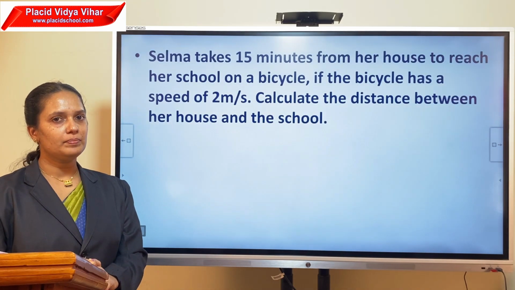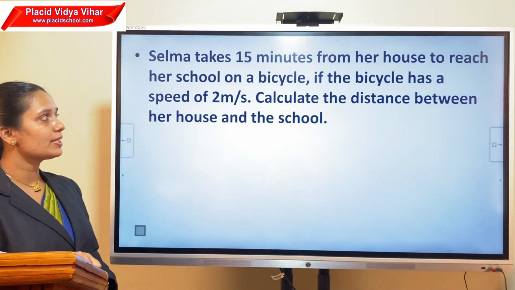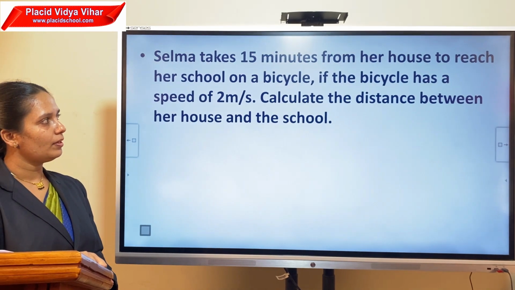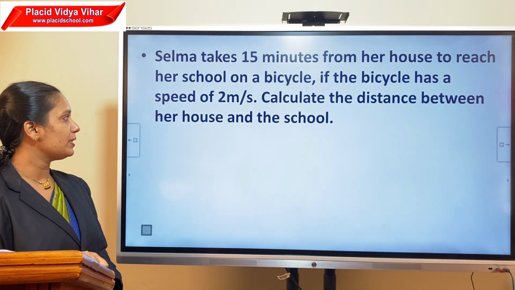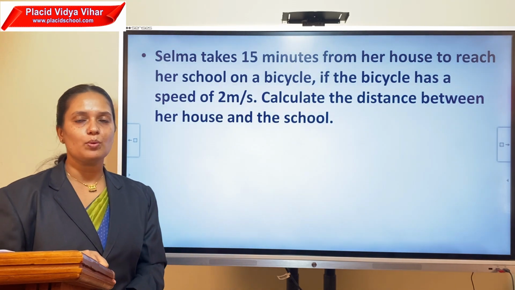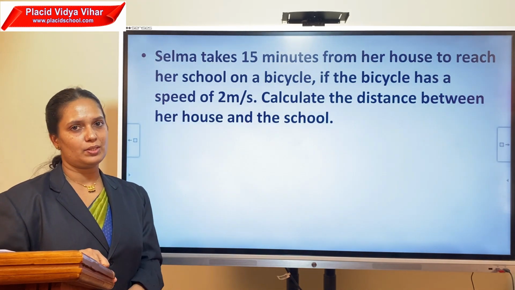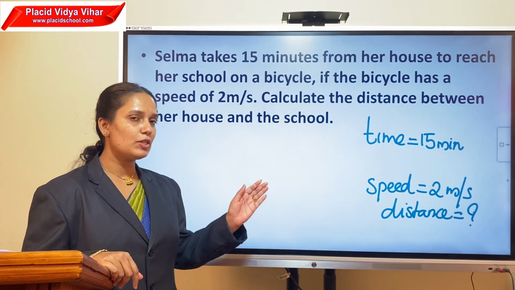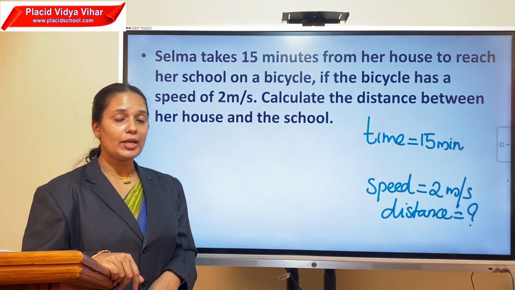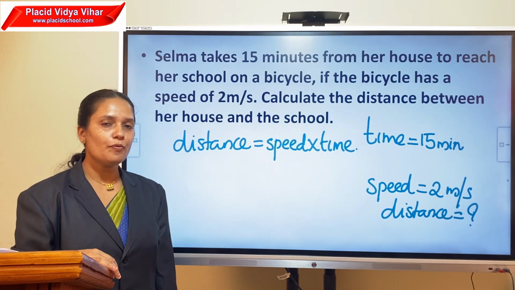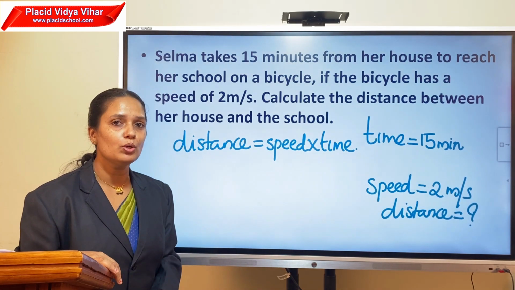The last question. Salman takes 15 minutes from her house to reach her school on a bicycle. If the bicycle has a speed of 2 meters per second, calculate the distance between her house and the school. First let's write what we know from the question. Here time is 15 minutes, then speed is 2 meters per second. So here we have to find distance. To find distance, we consider this equation, that is distance equals speed into time.